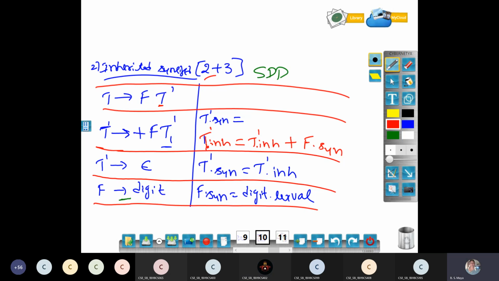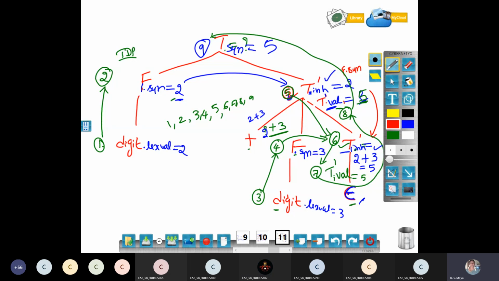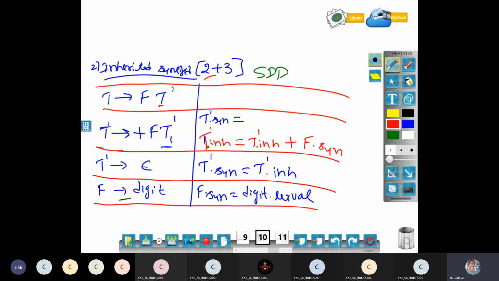Whatever you have already stored in INH, that only is copied onto your synthesized. See, from node 7 to 8, that is T1 of INH is equal to T dash of synthesized.